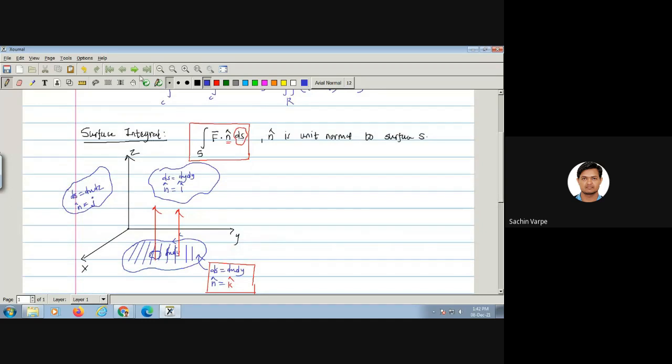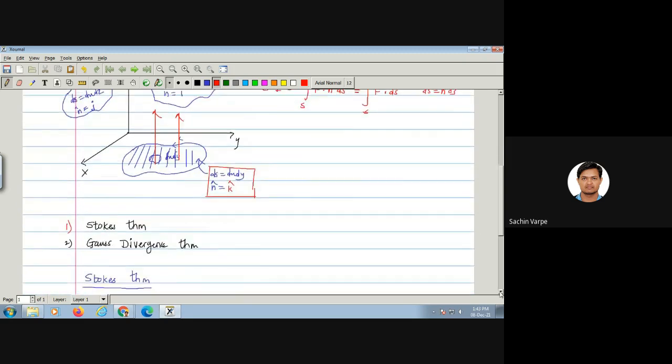See here, the definition of surface integral we have defined. Surface integral is integration over the surface S of f bar dot n cap ds. So this n cap ds is also called ds bar. So the definition will be like this also, f bar dot ds bar, where ds bar is n cap ds over the surface.